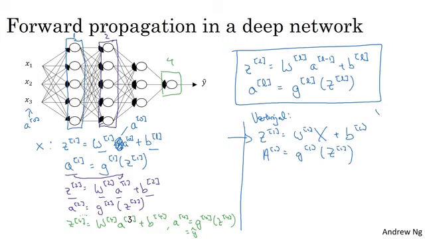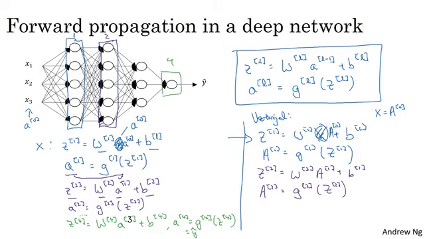And bearing in mind that X is equal to A0, these are just the training examples stacked in different columns. You can put A0 there. And then for the next layer, it looks similar: Z2 equals W2 A1 plus B2, and A2 equals G of Z2, right?